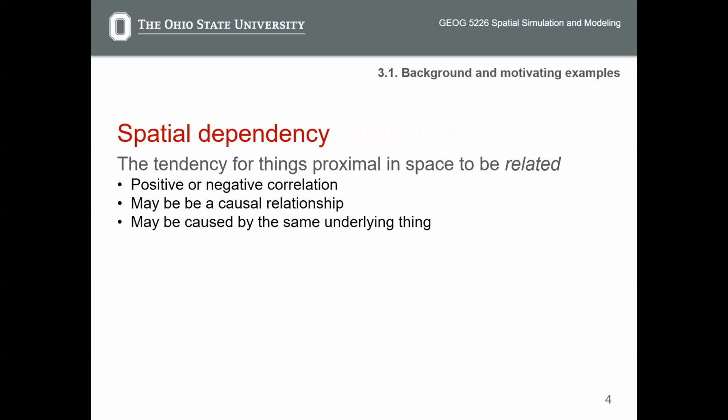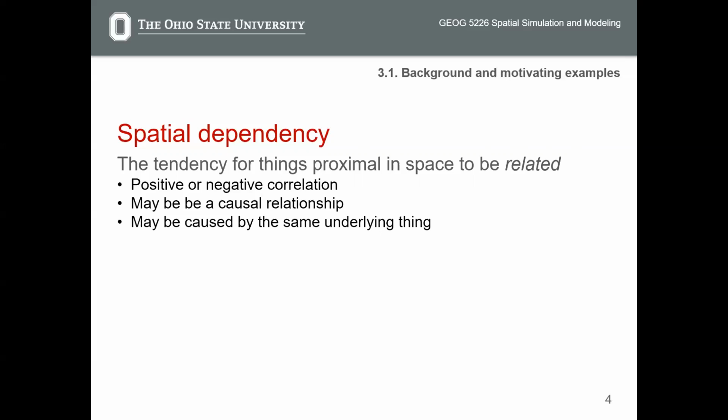And the first law of geography actually reveals something called spatial dependency, or you can say it claims that there is something happening within any space with geographic entities, and this something is called spatial dependency. It is the tendency for things proximal in space to be related. This relationship could be positive, could be negative, right?